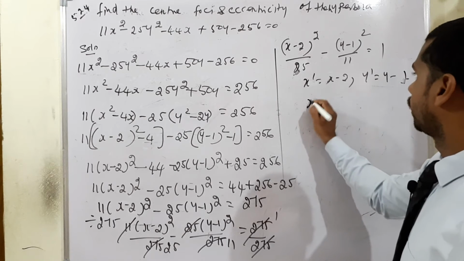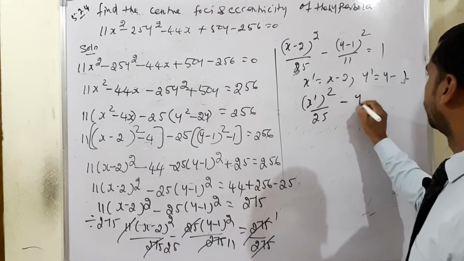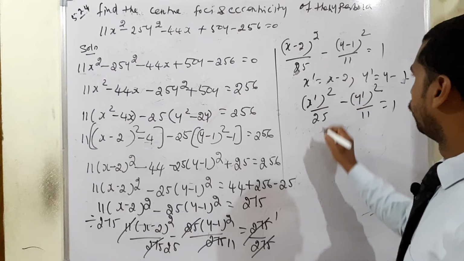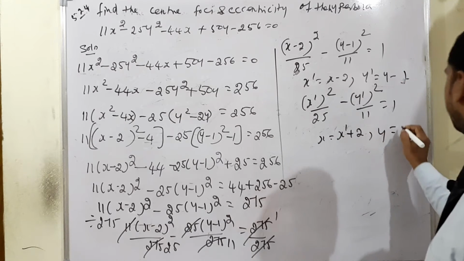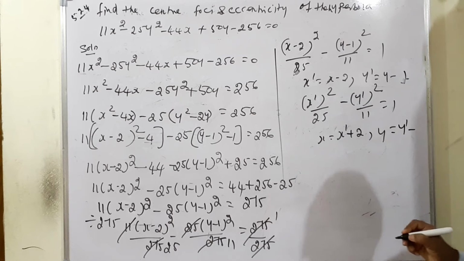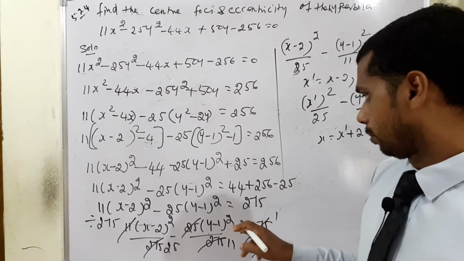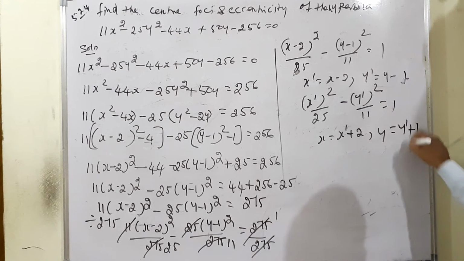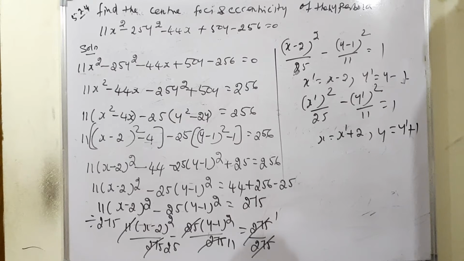Therefore, we can write x dash the whole square divided by 25, then minus y dash the whole square divided by 11 is equal to 1. Therefore, x is equal to x dash plus 2 as well as y is equal to y dash plus 1, isn't it? y is equal to y dash plus 1 will come.